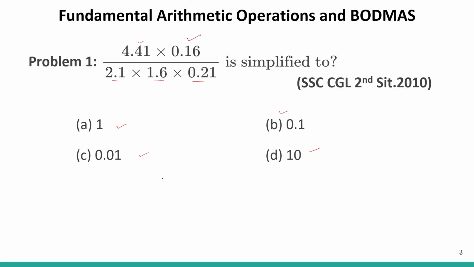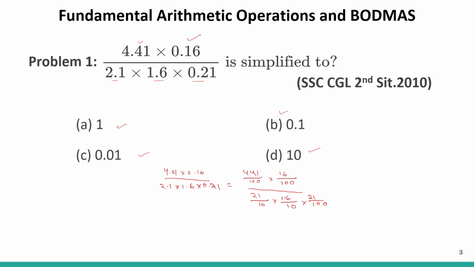Let's convert these decimals to fractions first. 4.41 into 0.16 whole divided by 2.1 into 1.6 into 0.21 is equal to 441 by 100 into 16 by 100, whole divided by 21 by 10 into 16 by 10 into 21 by 100.